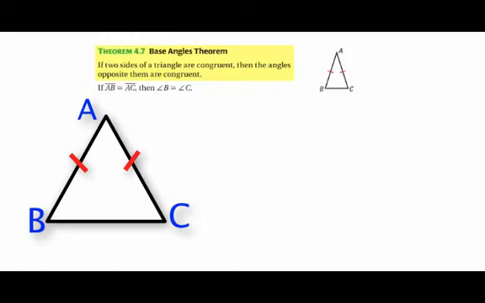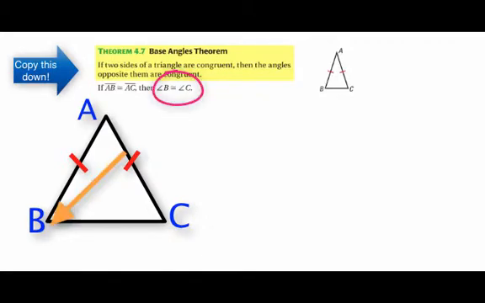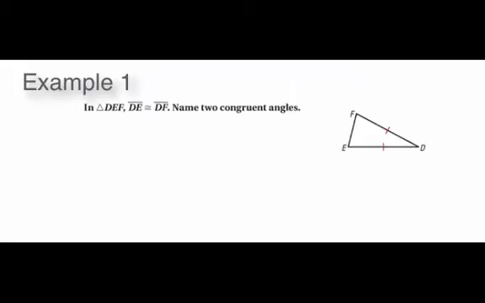So we know that angles opposite those sides, also known as our base angles, are going to be congruent to each other. So here angle C is opposite of our leg AB, and we know that our angle B is opposite of our leg AC. So we know that angle B is going to be congruent to angle C.